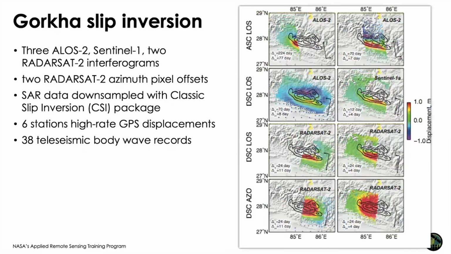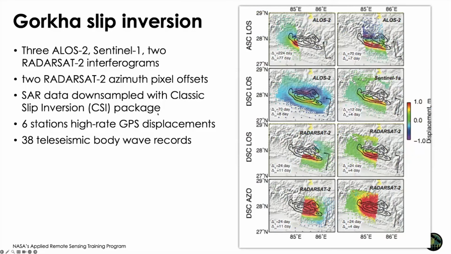So we also did analysis of the ALOS-2 and RadarSat data to make a slip model, a slip inversion. This slip inversion was done before we had the ALOS-2 along track interferograms.